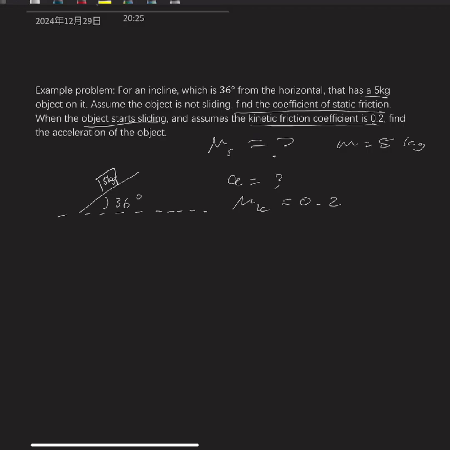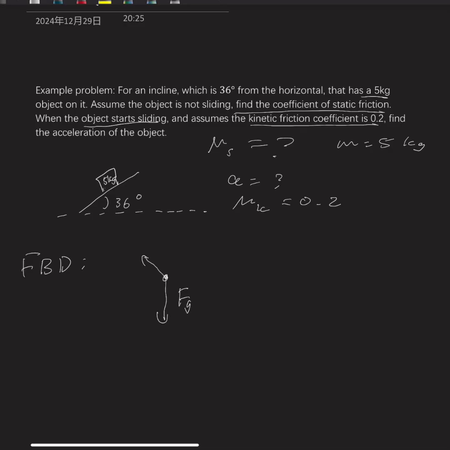Okay, so the first step when solving the problem, draw a free body diagram, FBD. Let's analyze what's happening to this object. There's always a force of gravity down. There is a force of normal that's perpendicular to the surface. When the object is contacting a surface, it always has a normal force.